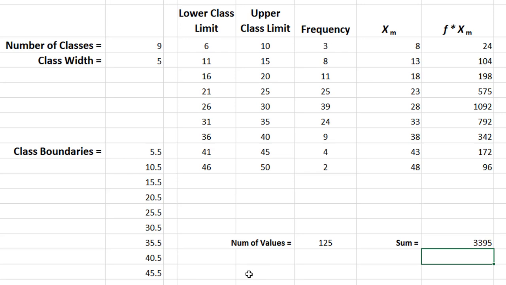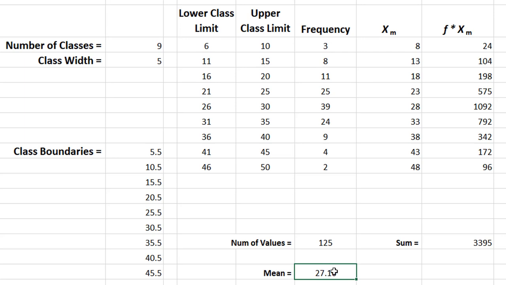So we can say, I'll just put it right here, mean equals, and let's make that a little bit nicer just to line up with everything else that we have. So mean equals whatever I have in this cell divided by whatever I have in that cell. And I'm going to press enter.